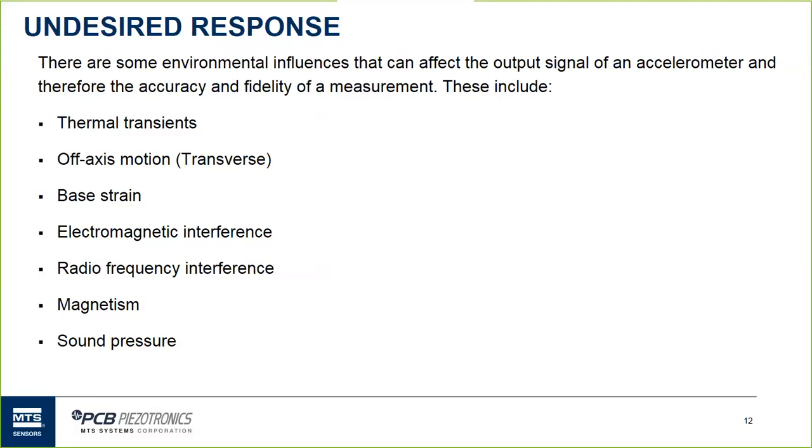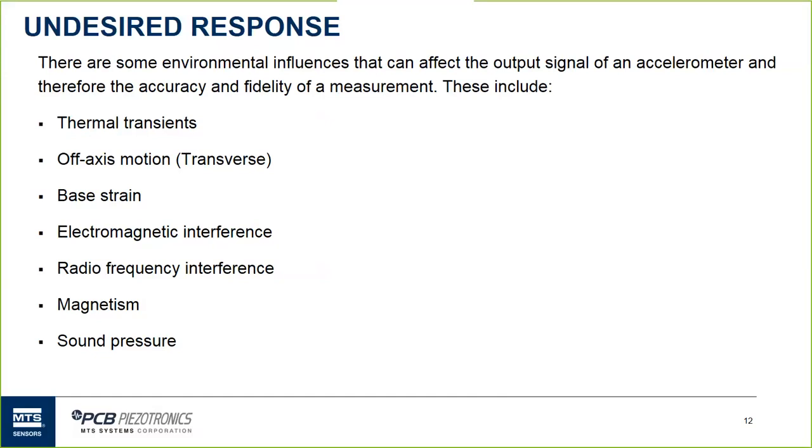Radio frequency interference, other airborne influences, those generally influence the cable. The cable is an antenna, essentially, that runs between the transducer and its DAC or power supply.